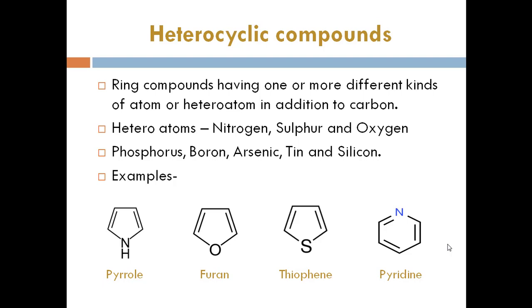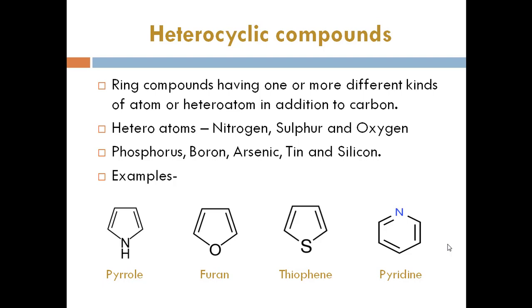That means compounds having a heteroatom in the structure. What is a heteroatom? An atom other than carbon. When any other atom is present in the ring with carbon atoms, it is known as a heteroatom. Right? So these are compounds containing a heteroatom in the structure.